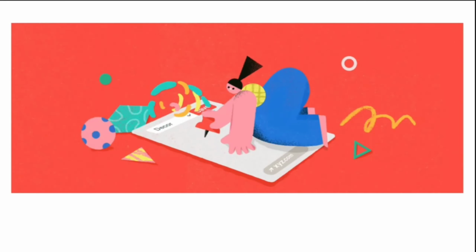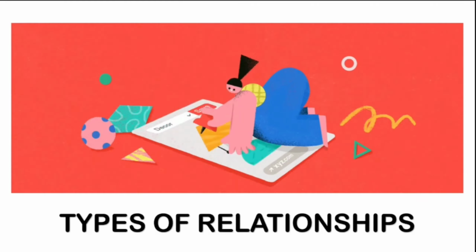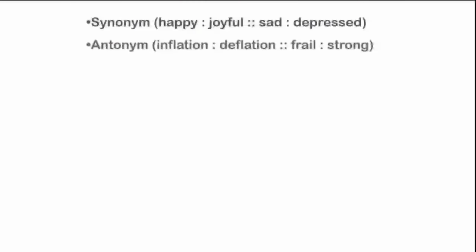There are also types of relationships in analogy. The first one is synonym. An example for this is happy is to joyful, as sad is to depressed. We also have antonym. Inflation is to deflation, as frail is to strong.